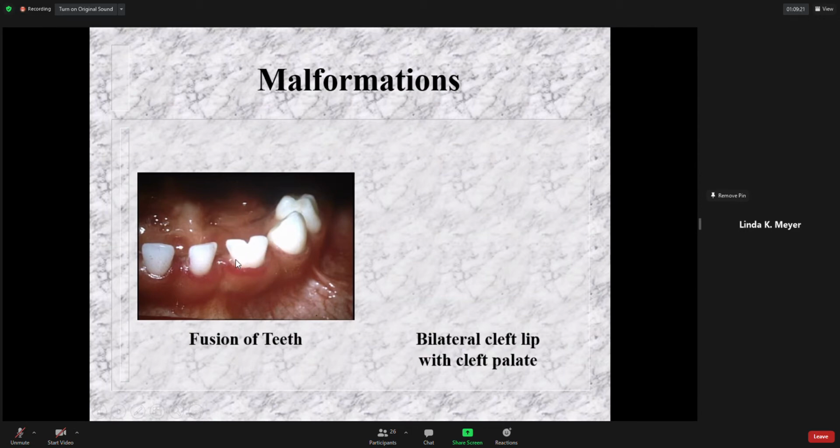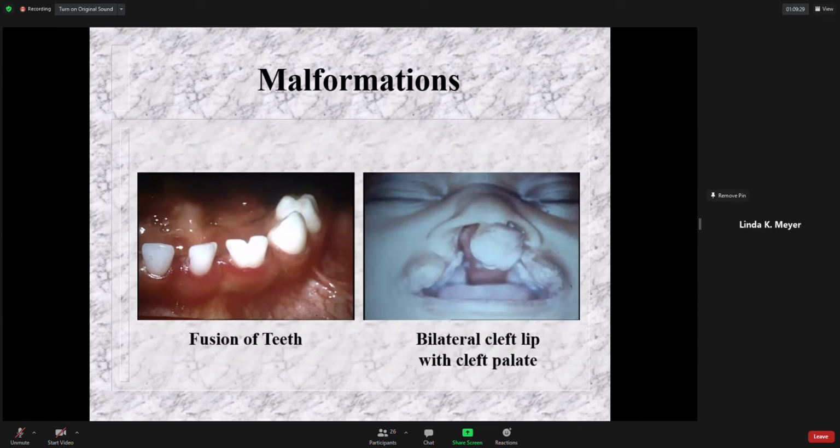That is classified as a malformation. Or again, the most serious that we've talked about is the bilateral cleft lip with cleft palate. That's not a normal lip or palate development. It's a malformation. So it's just showing you something that's not very severe to something that's very severe.